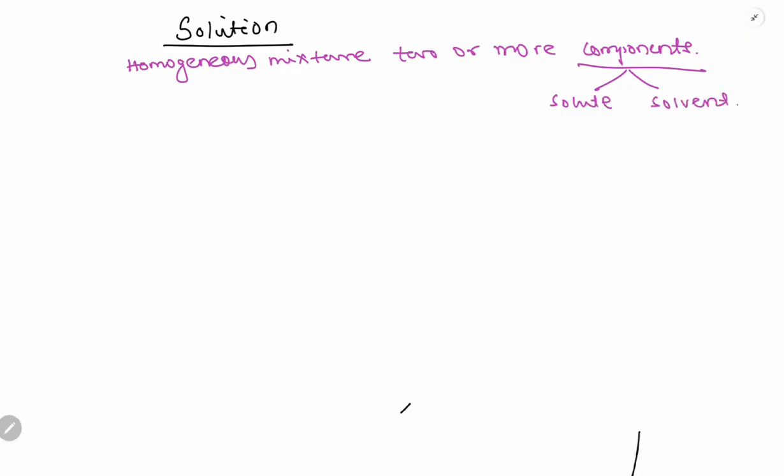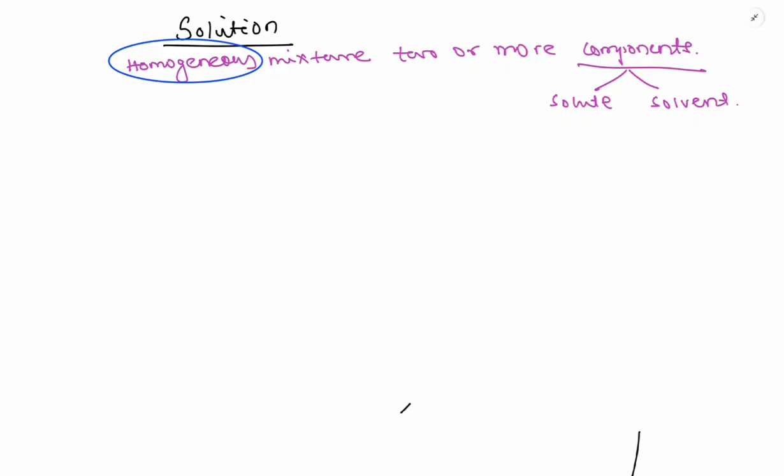Now, before we start, we have to know what we mean by homogeneous. When we add two or more different substances together, if I can identify the distinct components, then we will say it is heterogeneous.